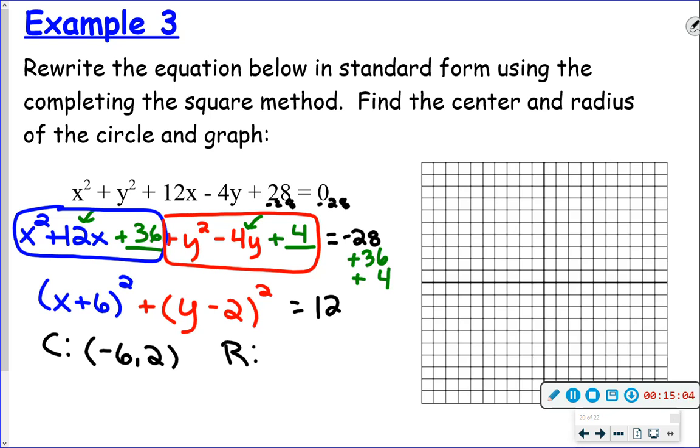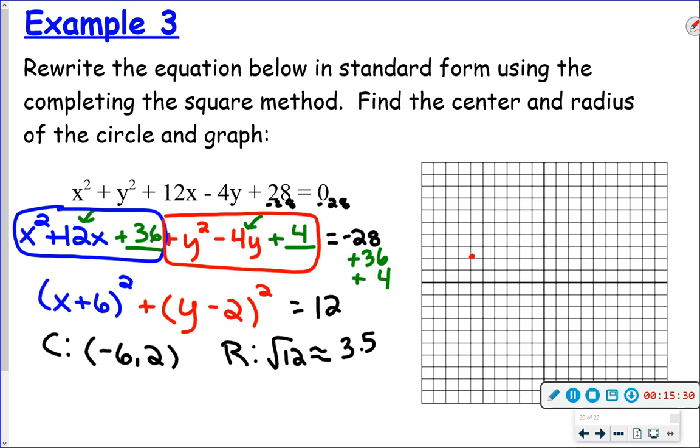We're going to have to estimate it, which is going to be really great on my artistic skills. So we're going to square root 12. Punch that in the calculator. Round it. What's the square root of 12 approximately? 3.5. Now, of course that's hard to graph. We're just going to do the best that we can. So I'm going to plot my center first, -6, 2, so left 6, up 2.